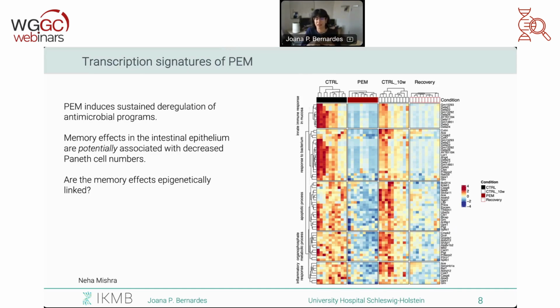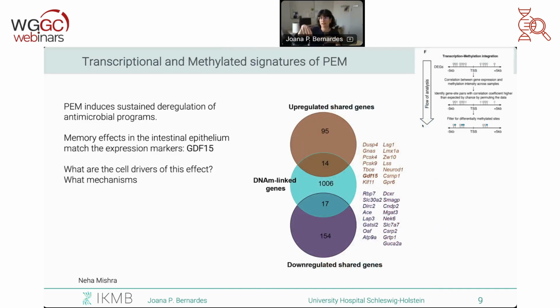We did a methylation approach on the same intestinal epithelium, and then we tried to identify, within the transcription start site, TSS, a window of plus and minus 5 kb, genes that were hypomethylated and upregulated, and hypermethylated and downregulated.